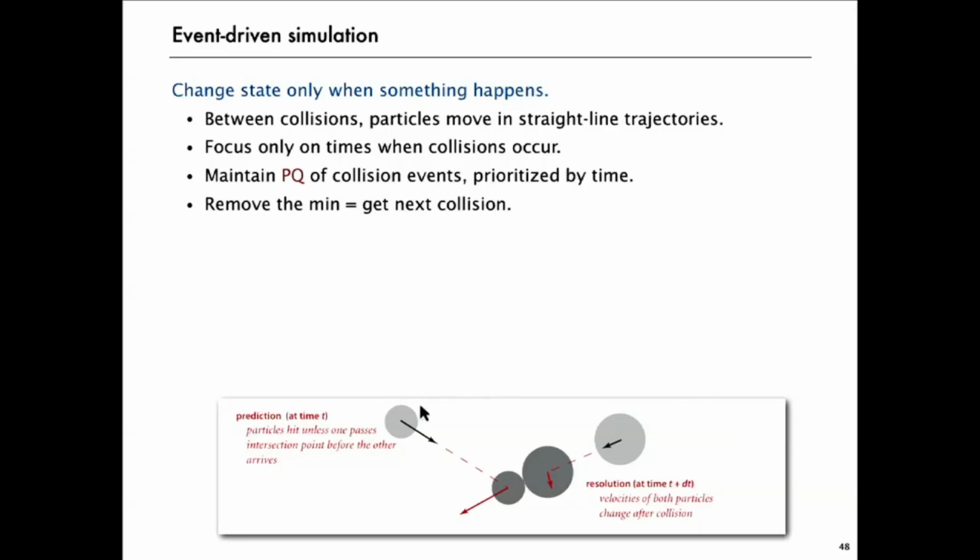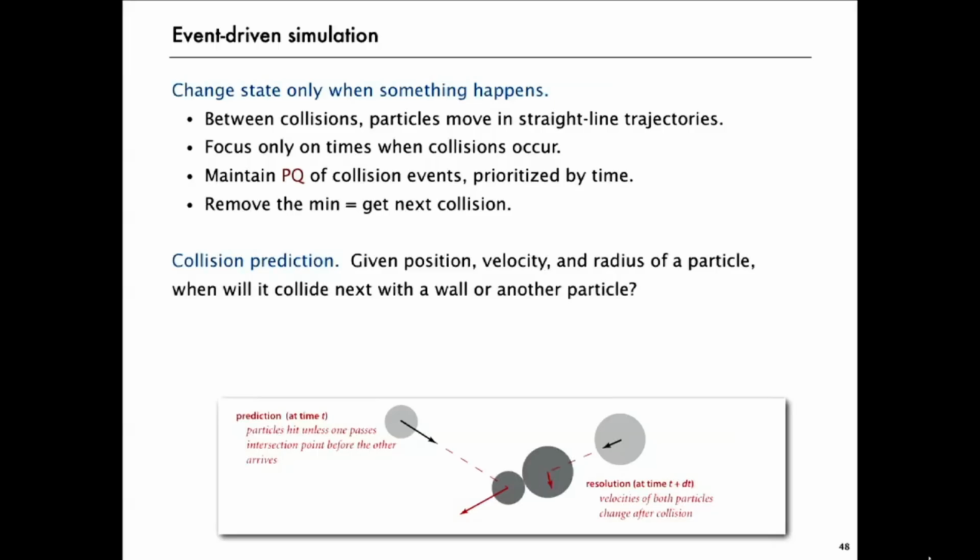And we can predict exactly the moment at which they'll collide, assuming that something else doesn't happen to them in between. And then we'll put that predicted collision time on the priority queue. Then later on, when that time comes to pass, we'll be right at the moment when they collide, and we can figure out what to do. Now, there is the possibility that something else happened to them in between, and we'll talk about that change too.